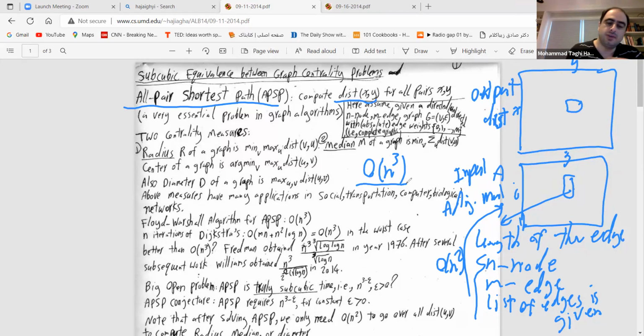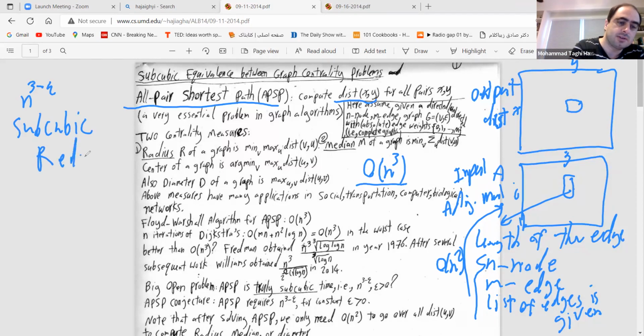That's the reason we talk about n to the 3 minus epsilon, which we call subcubic. We call these subcubic reductions.